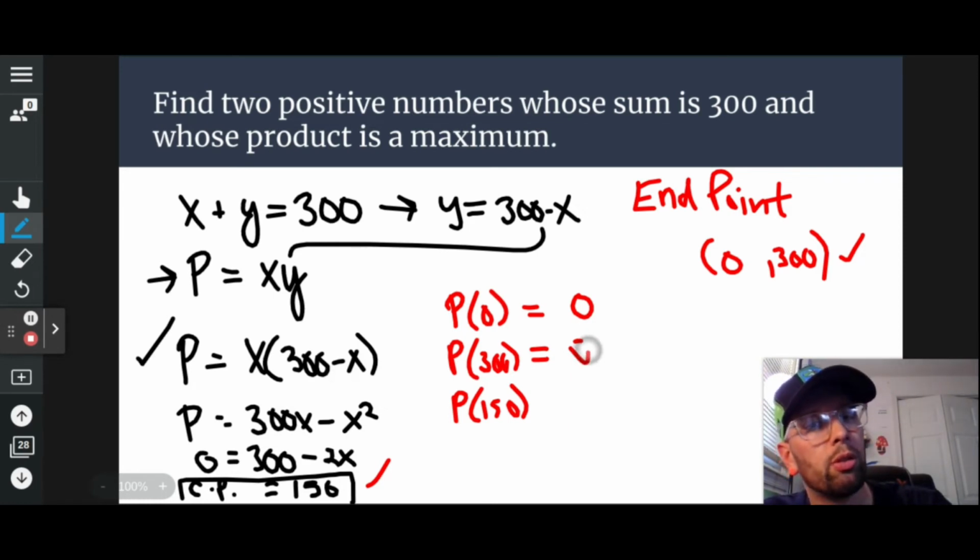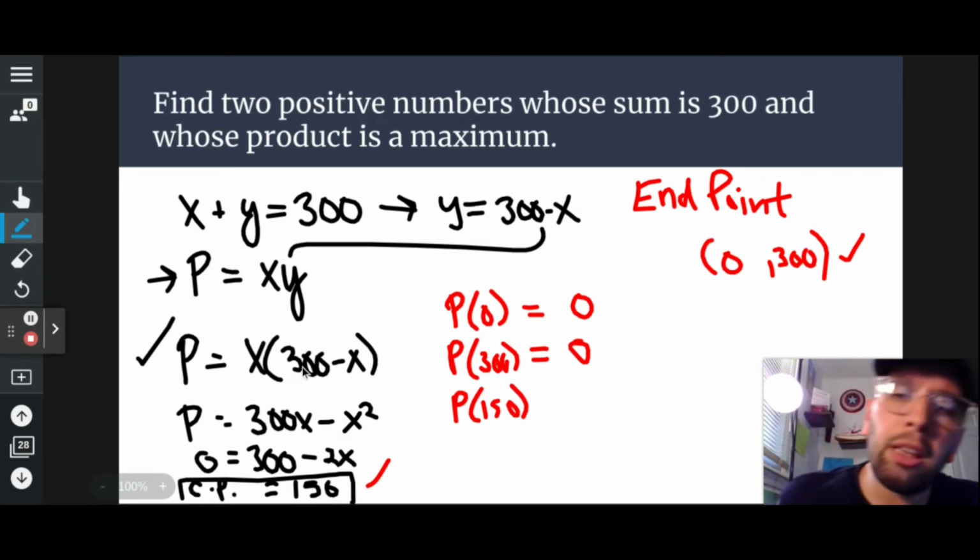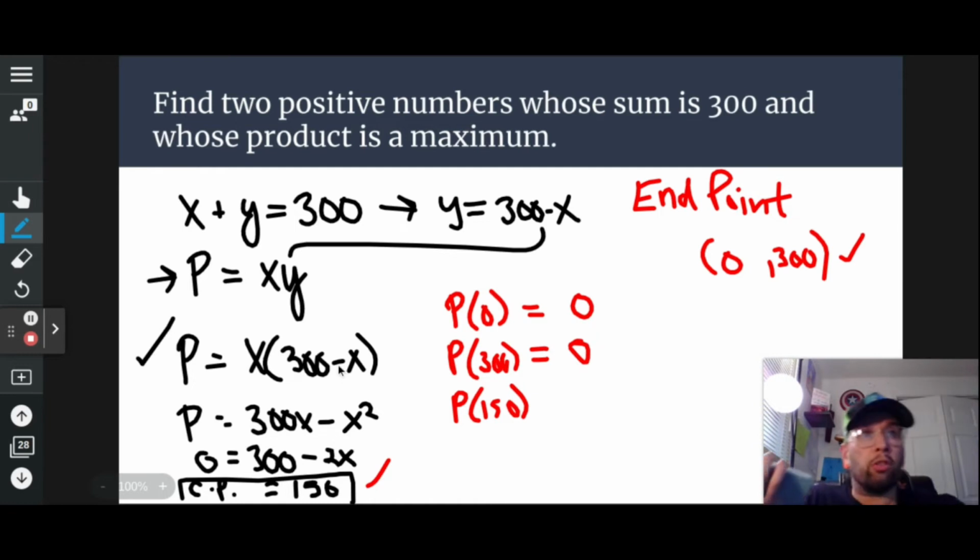So that's useless. If I try 150, that would give me 150 times 150, so this is 150 squared. 150 raised to the second power is 22,500.